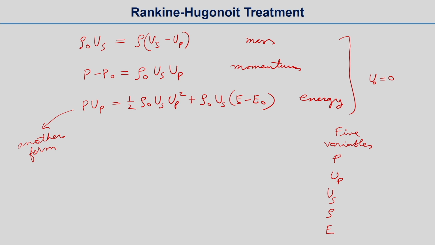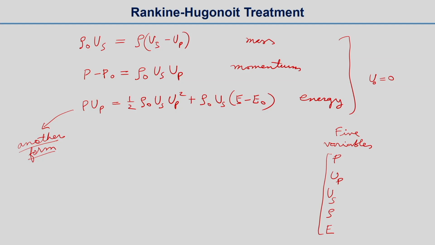We will require one more relation, which we will discuss later, because we have 3 equations and 5 variables. If we get one more relation, we can determine these shock wave parameters in terms of one another.